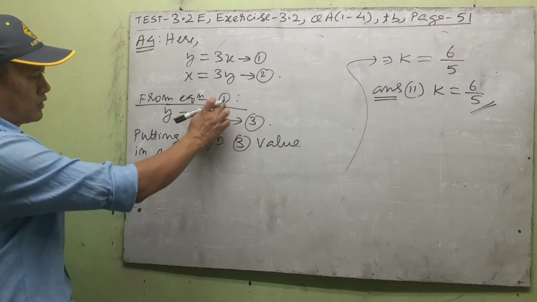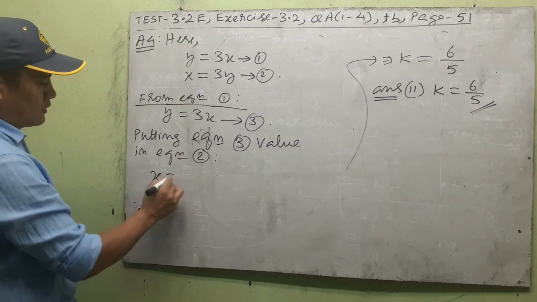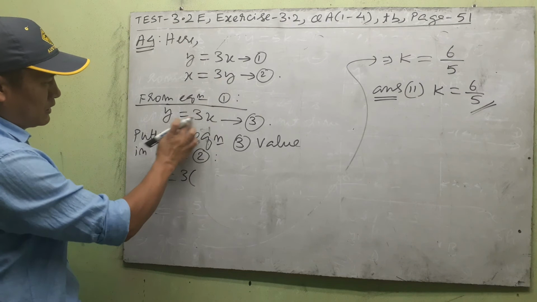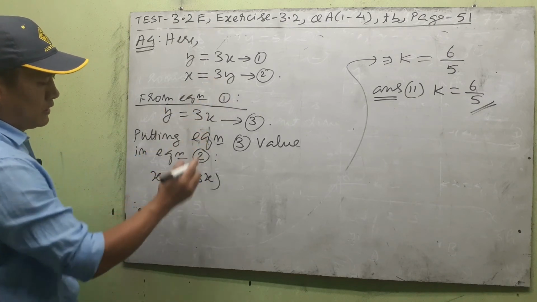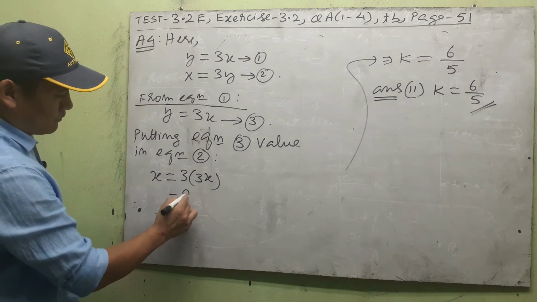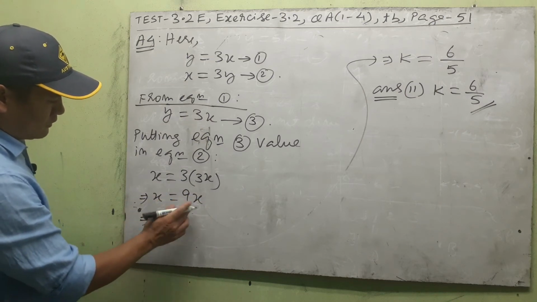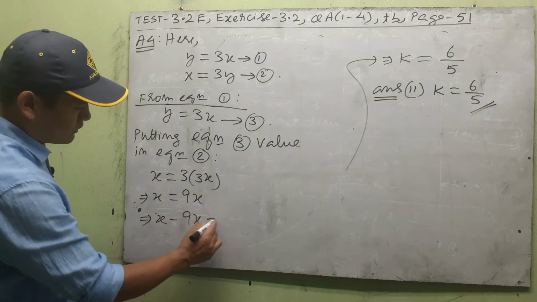Since you got 3 from 1, don't put it in 1, put it in 2. Then we're going to get x is equal to 3 into y, where y is replaced by this 3x, since y is equal to 3x. So this gives 9x. If you bring this to the left side, it becomes x minus 9x is equal to 0.